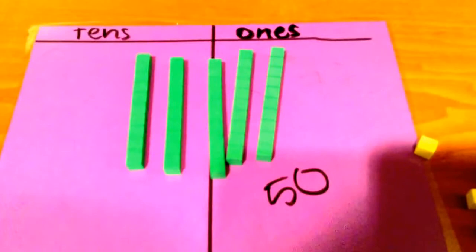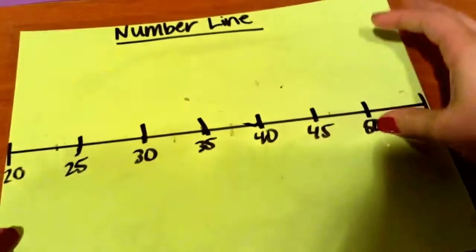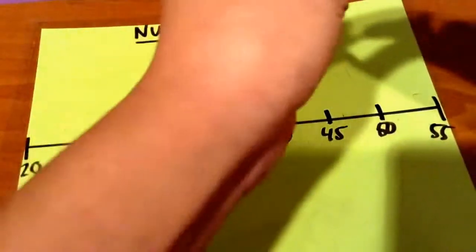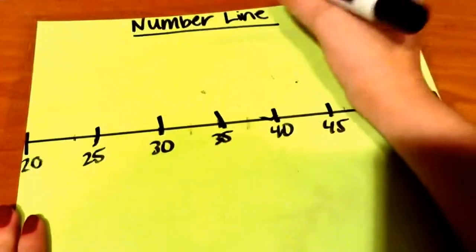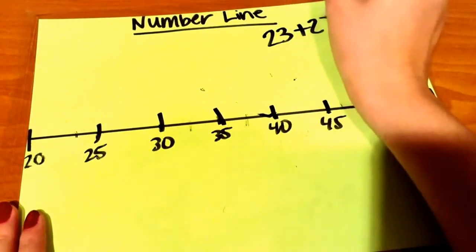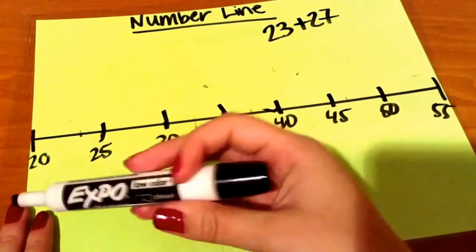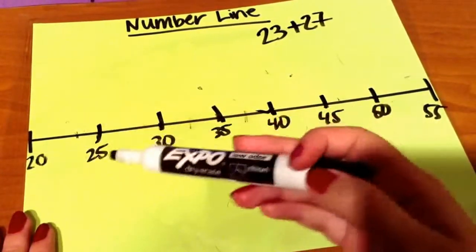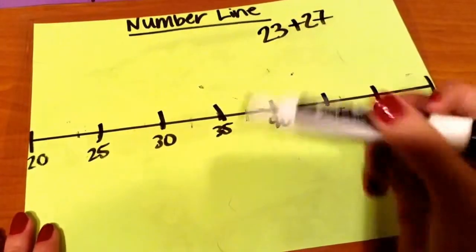Let's see how this would look on a number line. Just to refresh your memory, we are adding 23 and 27. So when I look at this number line, I see it's skipping 5 by 5s.